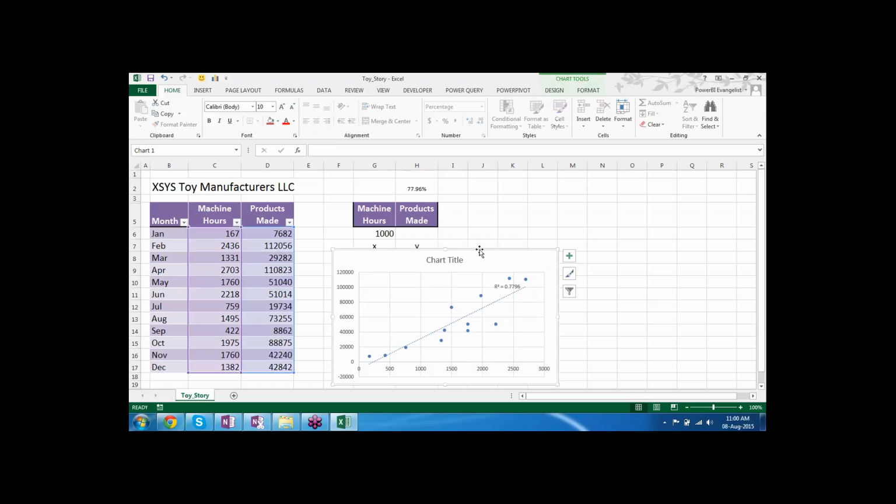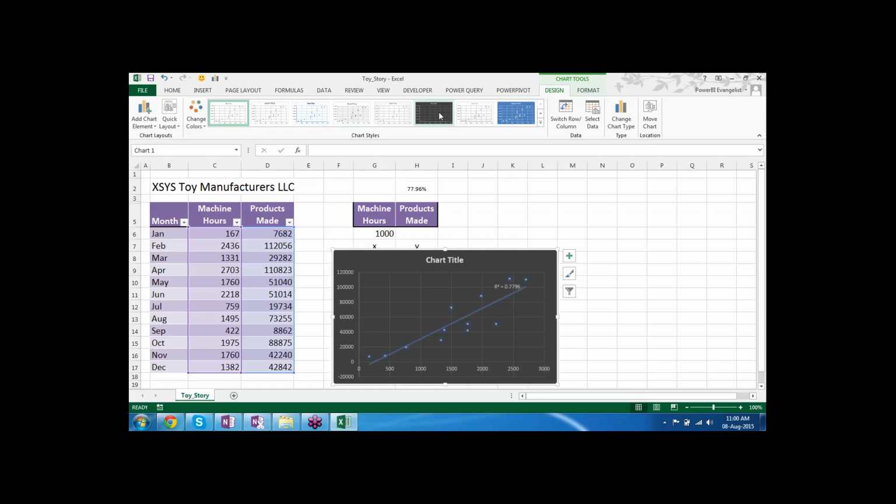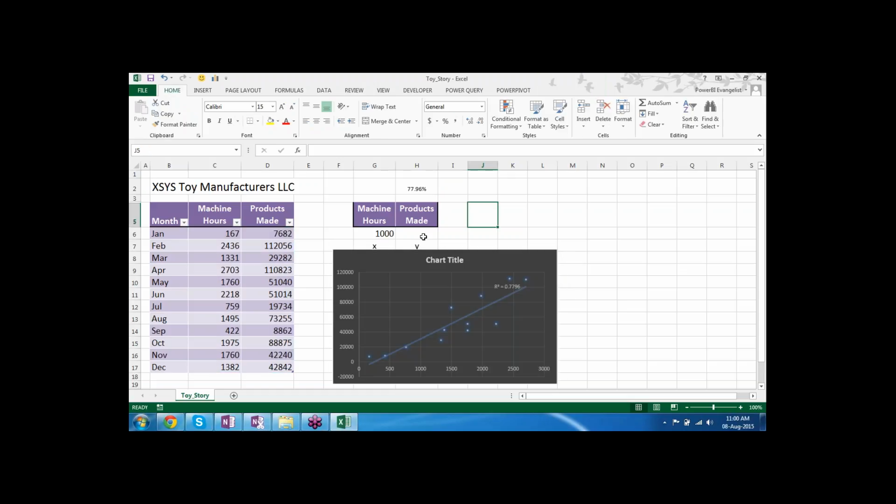In other terms, if you make a prediction based on this particular data, then that prediction will be 77.96% correct. How this 77.96% has come, we will talk about that also. There are some arithmetic, statistical calculations involved. We'll not go deep into that, but we'll try to understand those terms as well.